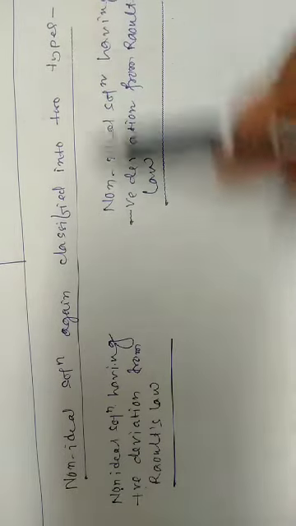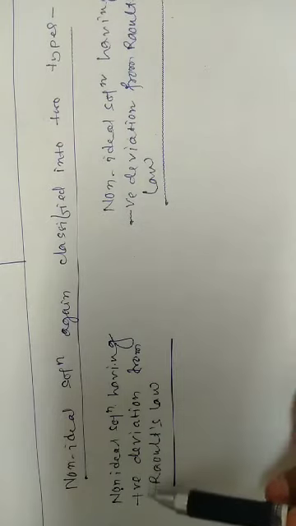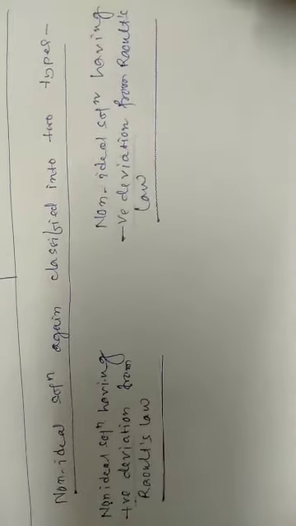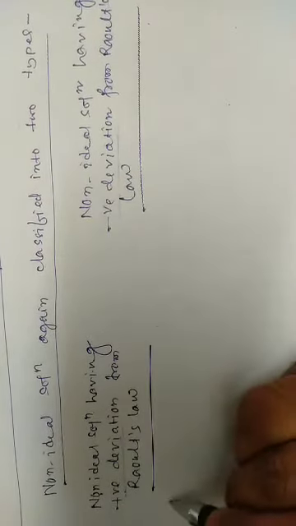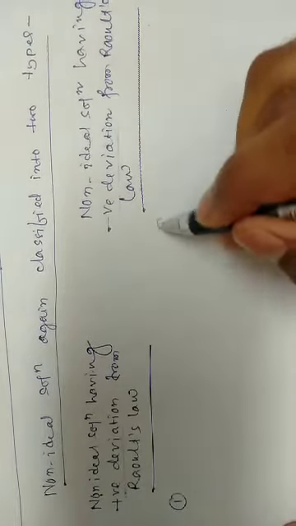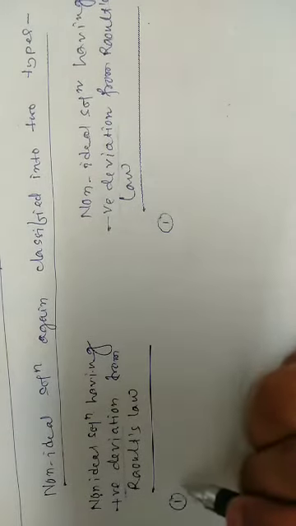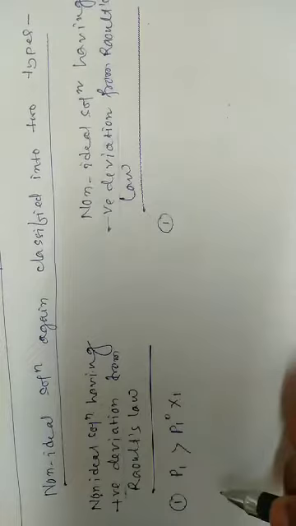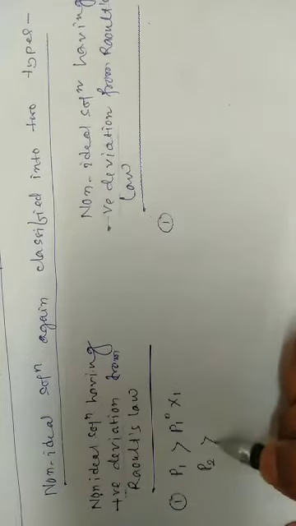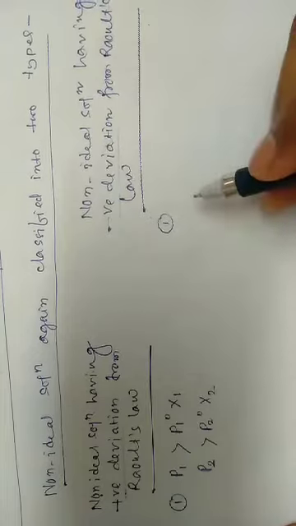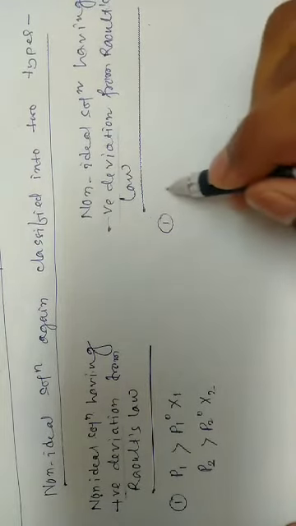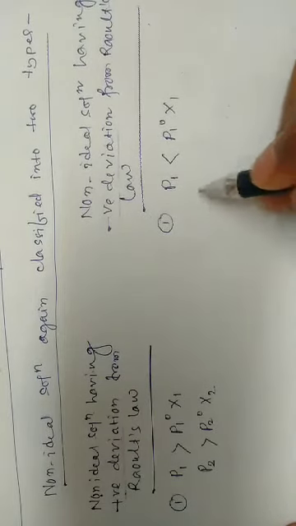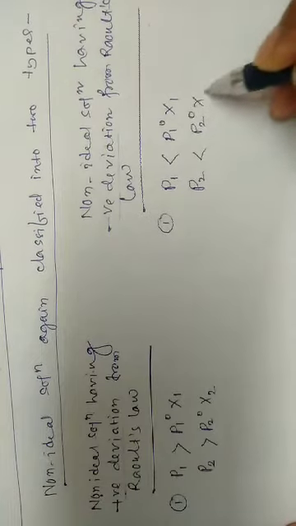The difference between these two types: in case of positive deviation, P1 is greater than P1⁰x1 for component 1, and P2 is greater than P2⁰x2. But in case of negative deviation, P1 is smaller than P1⁰x1, and P2 is smaller than P2⁰x2.